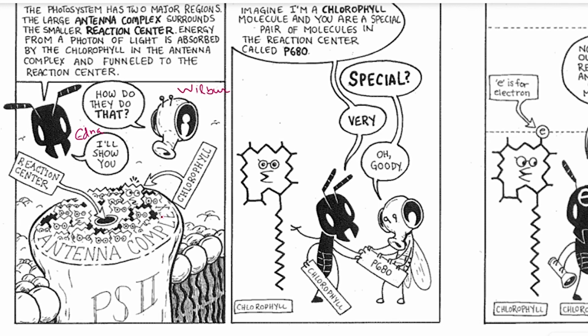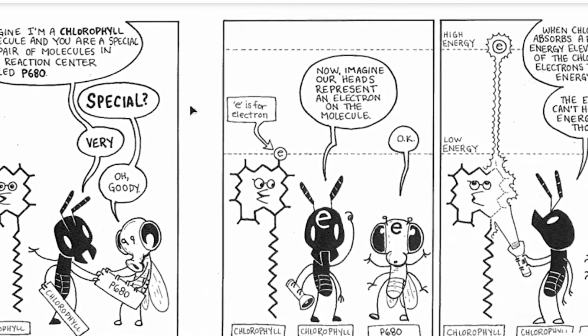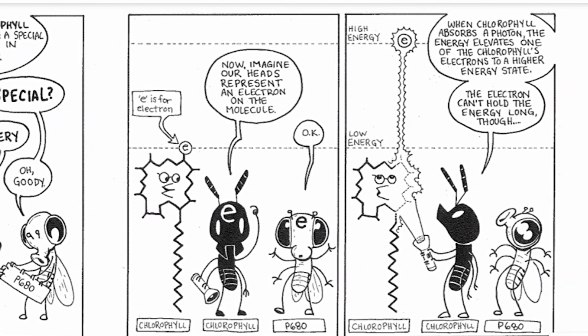As shown in this figure, photosystem 2 consists of an antennal complex and a reaction center. Aunt Edna explains that we can consider this as a chlorophyll molecule with a head and a tail, and she designated Wilbur the hoverfly as the reaction center P680. In the second illustration, Aunt Edna said that if we consider our bodies as chlorophylls, then our heads will act as electrons.